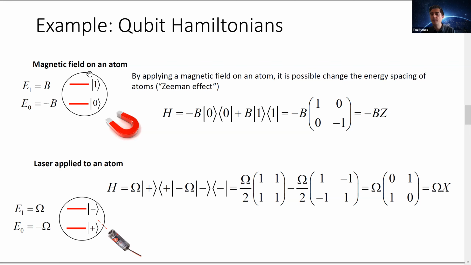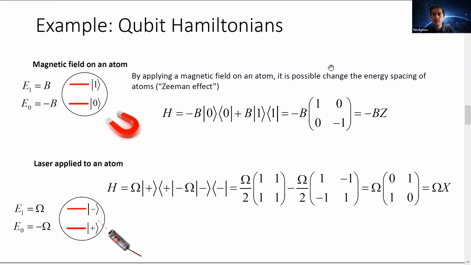Just imagine you have an atom here with various energy levels. If you bring a magnet close to it, these energy levels can move apart. So this is one example of a possible Hamiltonian, because it tells you what physical conditions this atom is in and what energy levels you have.